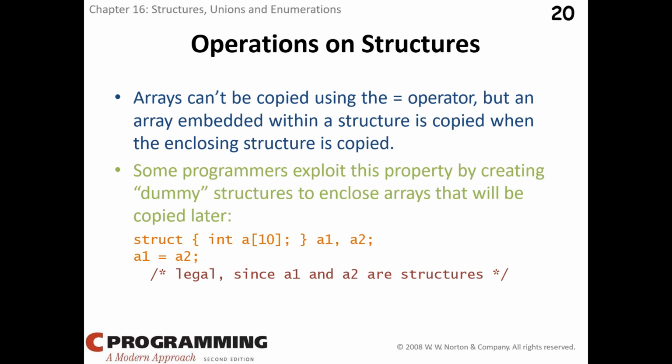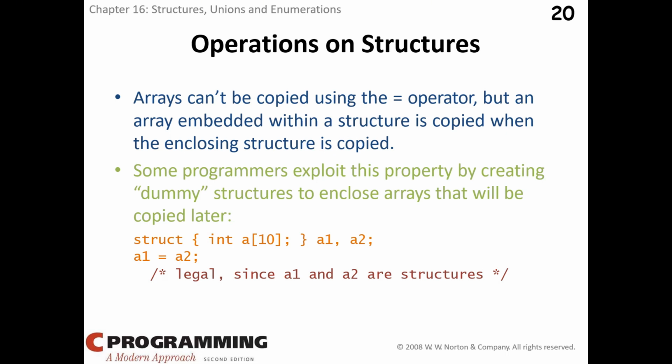For example, some programmers exploit this behavior by creating dummy structures to enclose arrays that will be copied later. This trick is quite interesting and quite useful. Here we have an example in the slide. In this code, we have two structure variables a1 and a2, and both of them contain an array of integers with 10 elements.